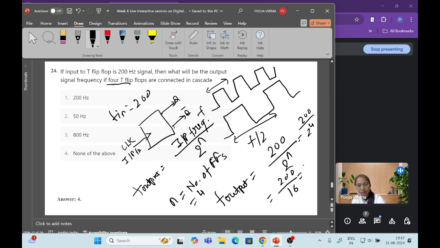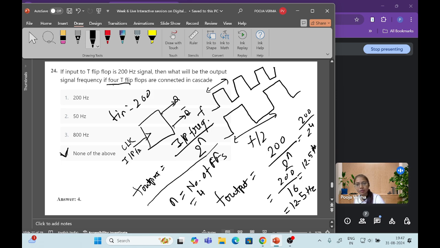If you calculate it, you will get 12.5 hertz. In the options, none of the above will be there, it is 12.5 hertz.